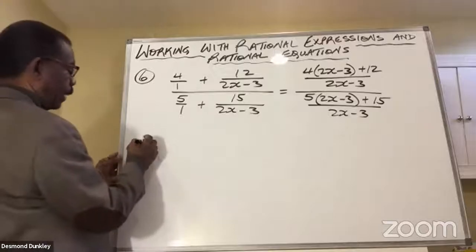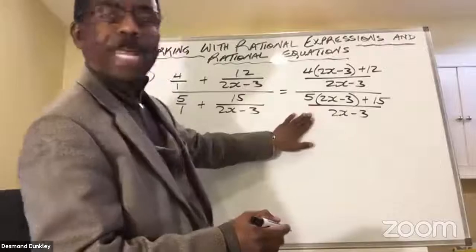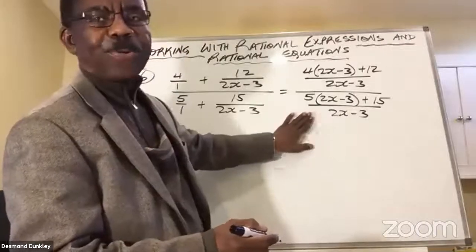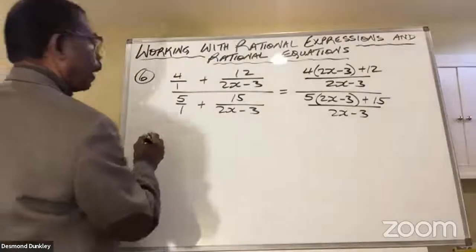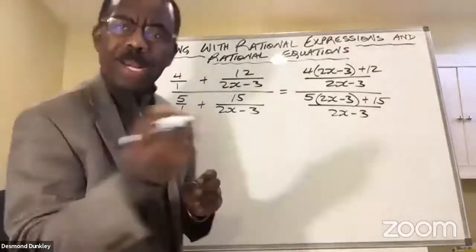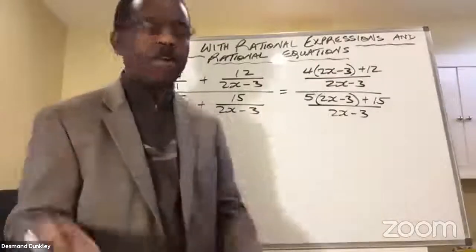Okay, so here we go again. We have a fraction divided by a fraction. So what do we do? We flip and we multiply. If you will allow me, I'm going to expand at the same time so I can see where I'm going.